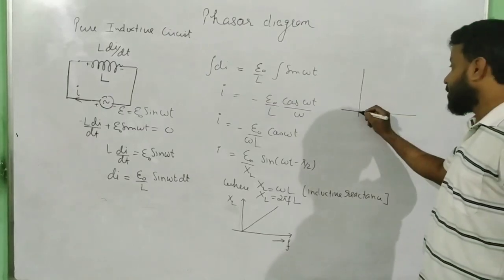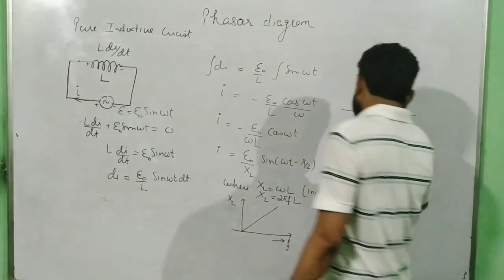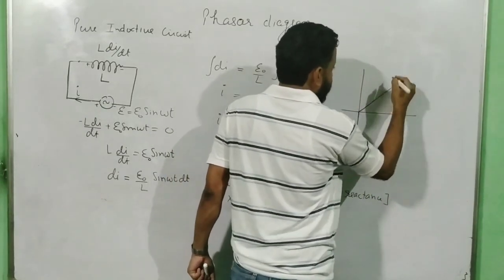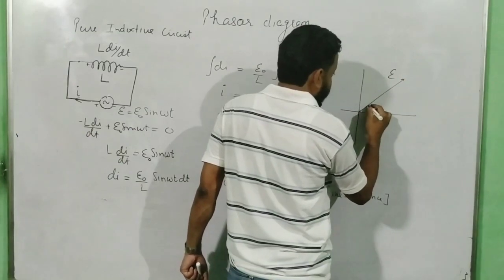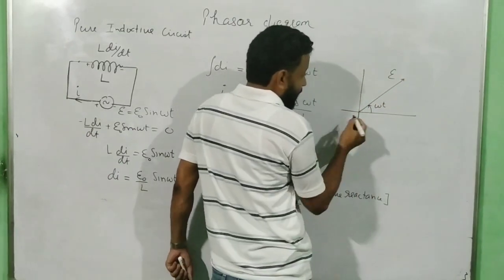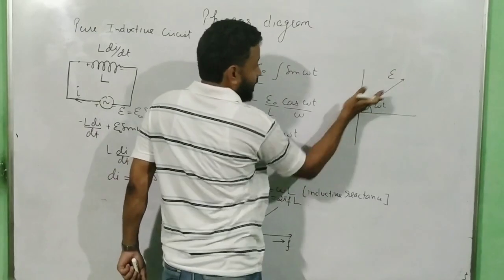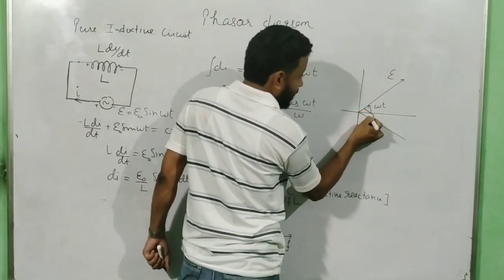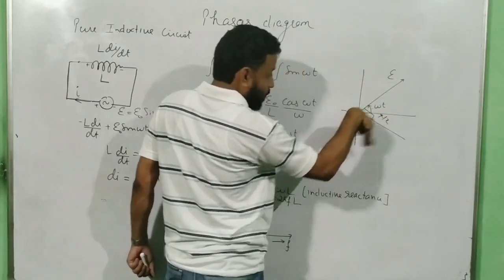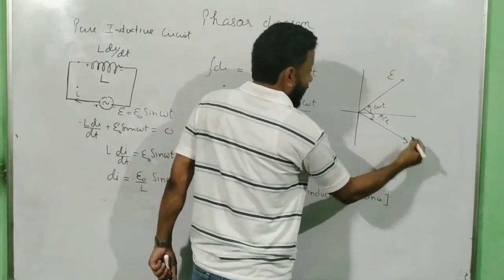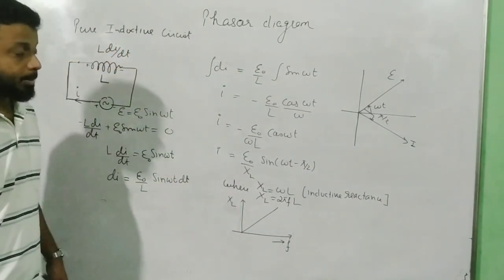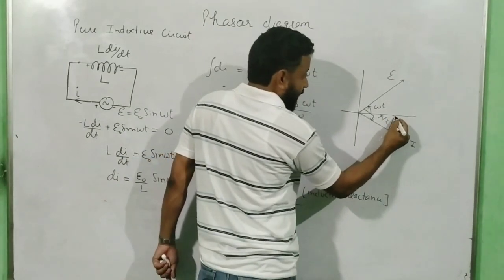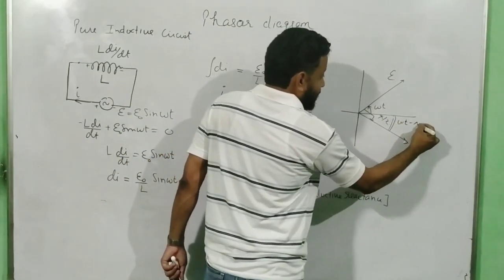So how does it look in the phasor diagram? If I consider that this is my EMF E at any angle of omega t, then from the EMF you have to draw another angle of pi by 2 in the backward direction, and this is my current I. So this angle you can now write as omega t minus pi by 2.